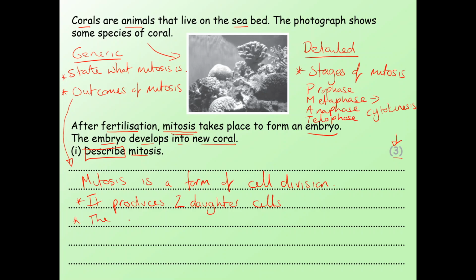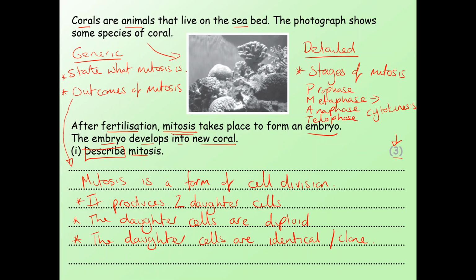The daughter cells are diploid. Daughter cells are identical. Effectively, they're a clone of them. Okay, so that's my generic answer.